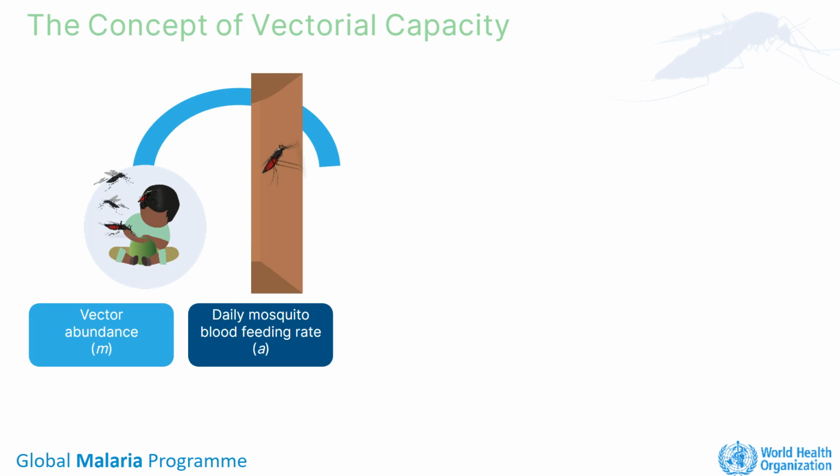This depends on the abundance of mosquitoes, represented by M, and the daily blood feeding rate, represented by A. The daily mosquito blood feeding rate, A, depends on the time between blood meals and the propensity of the vector species to feed on humans. It is assumed that each mosquito that feeds on the boy will acquire at least one male and one female gametocyte.